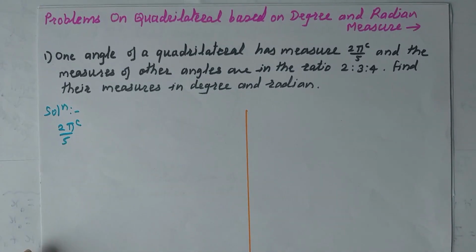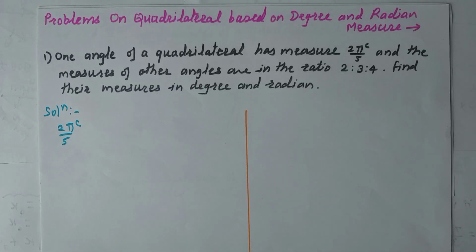Now here, if we consider all the angles in degree measure, then students feel convenient to solve, because up till now, up to standard 10, you are familiar with degree measure and radian measure is new to you.